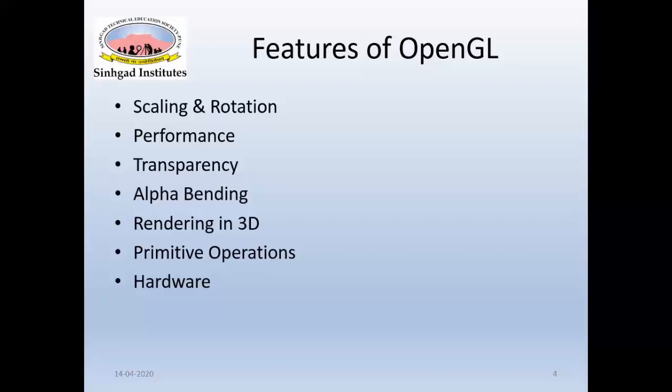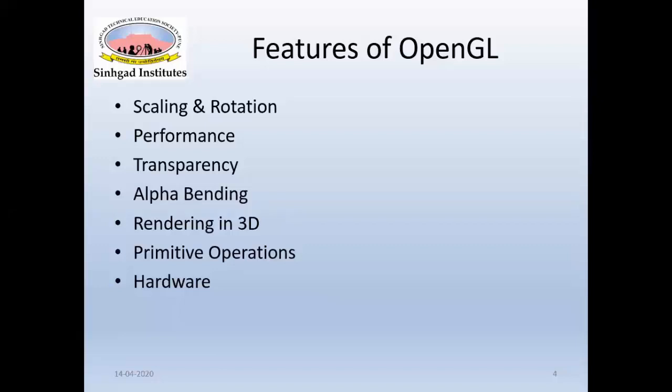First, scaling and rotation. The transformations like scaling and rotation can be achieved very easily without any problem. Second, performance. A higher level of performance is achieved when OpenGL is used on an accelerated device.